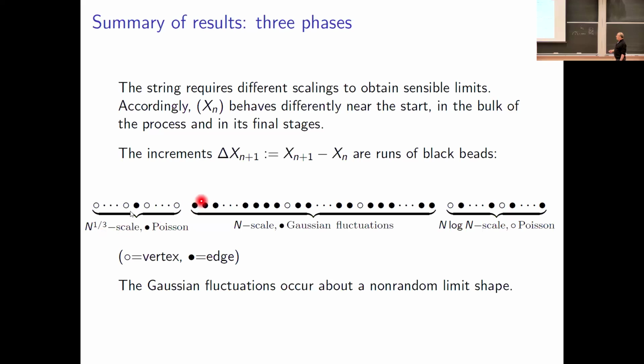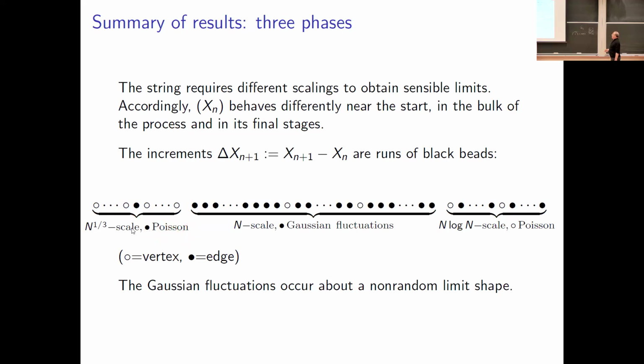In the initial phase, you have only vertices, and you keep drawing vertices, and the number of edges is too small to get drawn. So at the first stage, you will have only vertices added to the graph and very rare edges. So at this initial stage, the scaling should be cubic root of n. And on this scale, the appearance of black spots will be according to certain non-homogeneous Poisson process, which I will describe later.